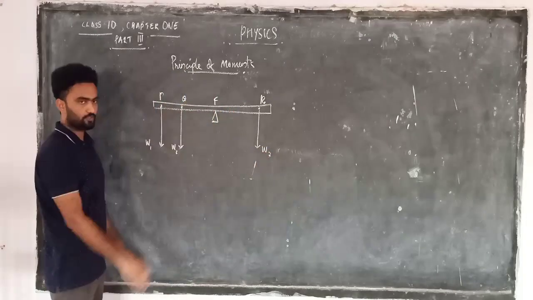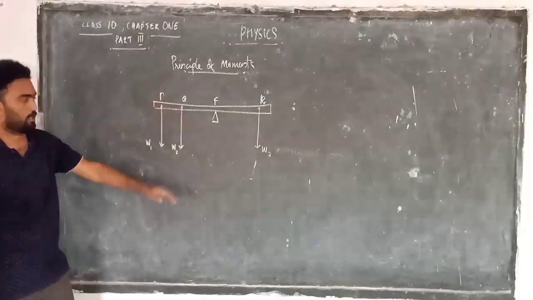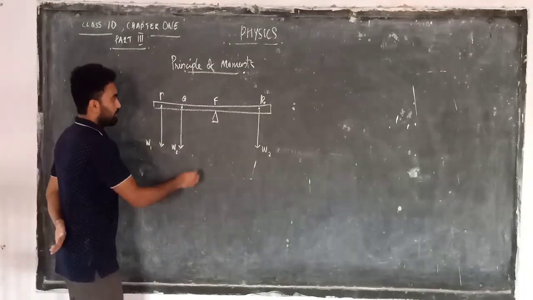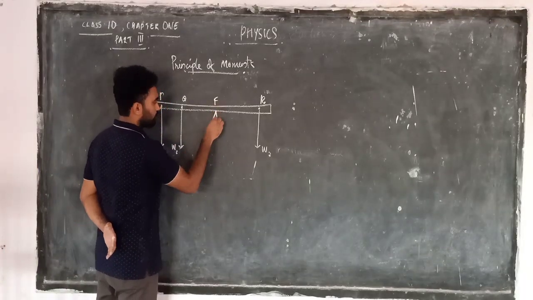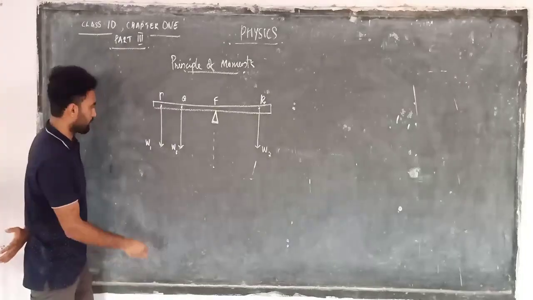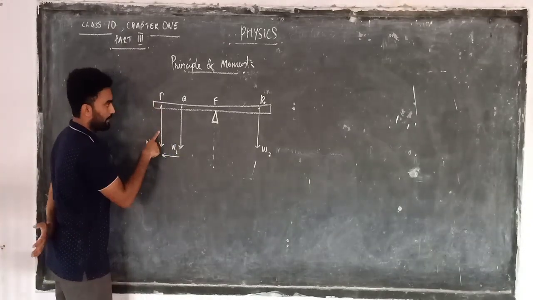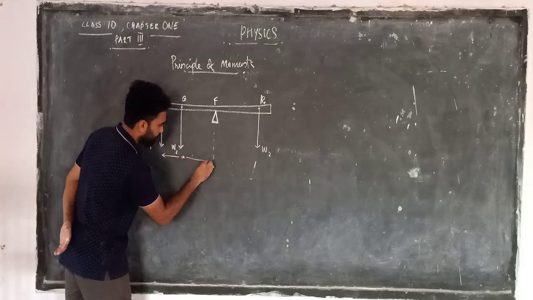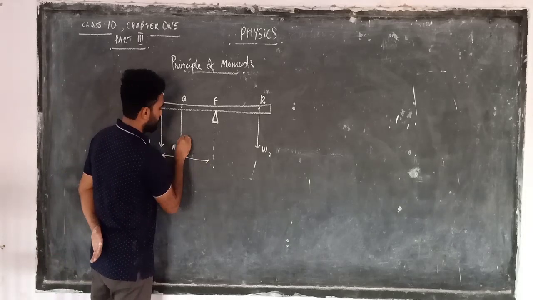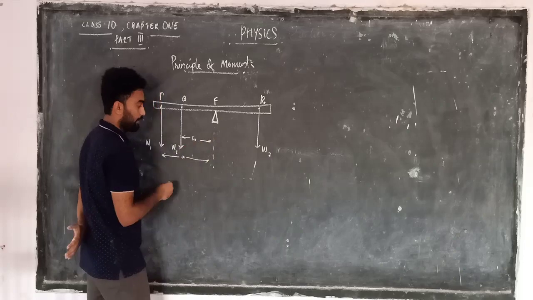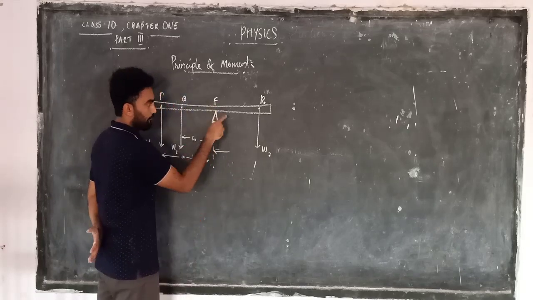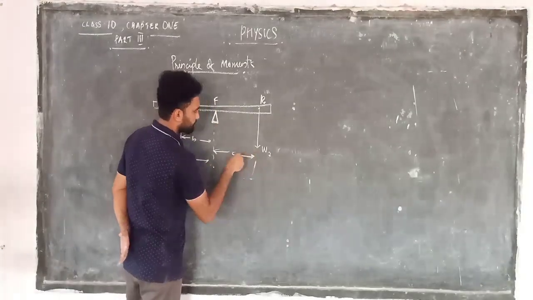We are putting these loads on the points P, Q, R. Clear? And this is our balancing point. So we can consider the perpendicular distances. Let the distance between P and F be A, that between Q and F be B, and that between F and R be C.